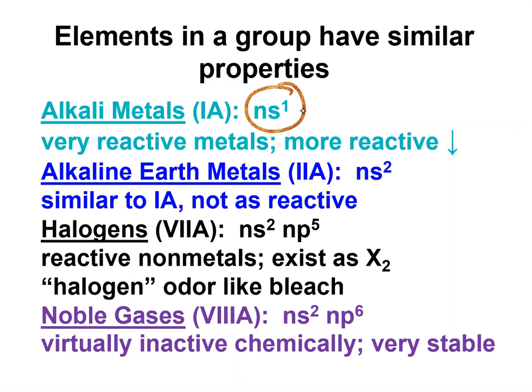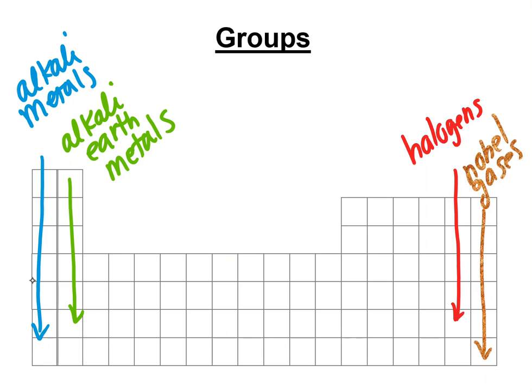All of the alkali metals have one electron in the s orbital and the highest energy level. So, this is just saying that because they're in this first position, their electron configuration would end with 2s1, say, or 1s1, or so on.